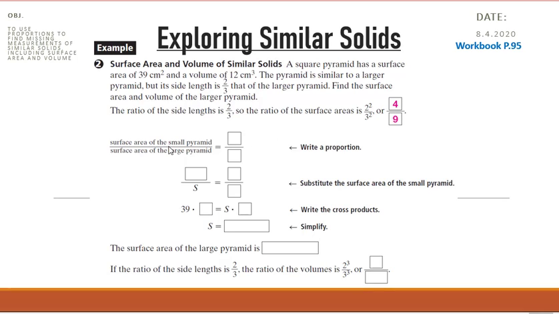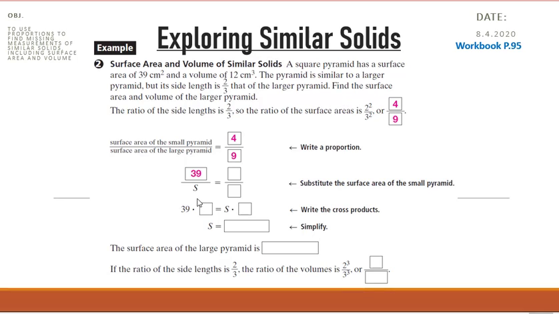Now the ratio of the area of the small pyramid to the area of the large pyramid is 4/9. We have the area of the small pyramid, which is 39, and we don't have the area of the large one.